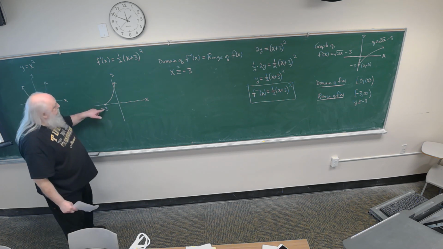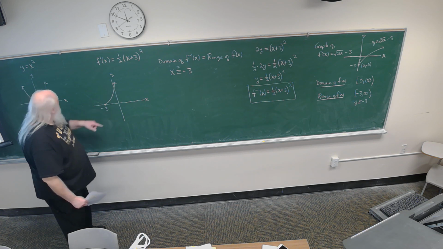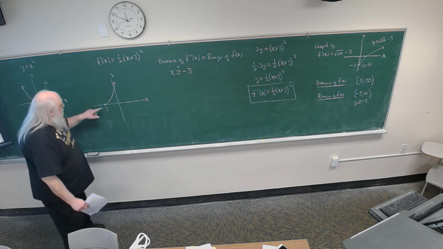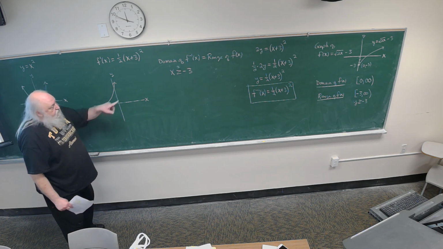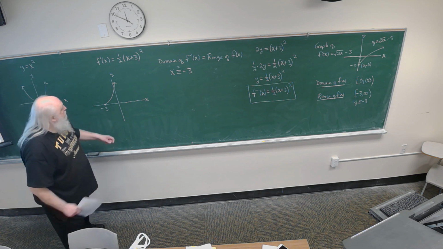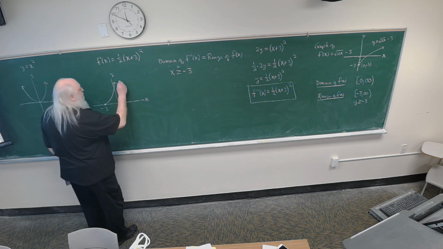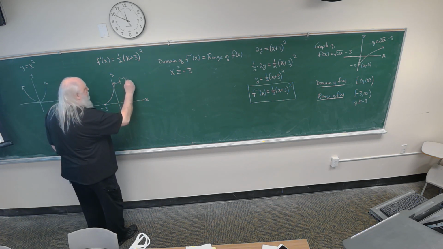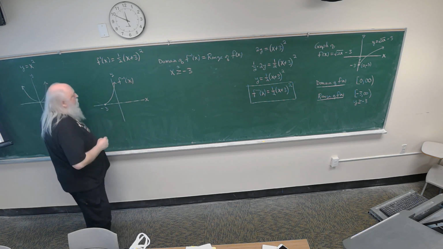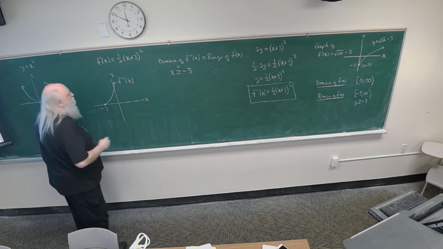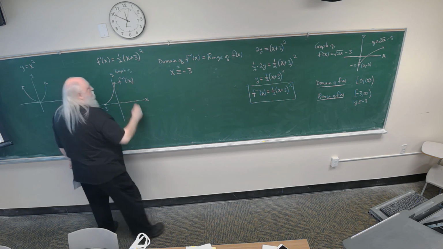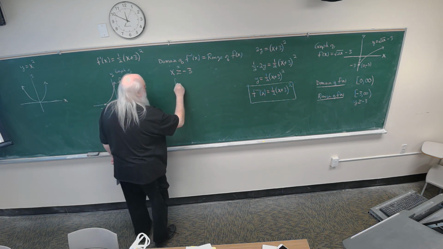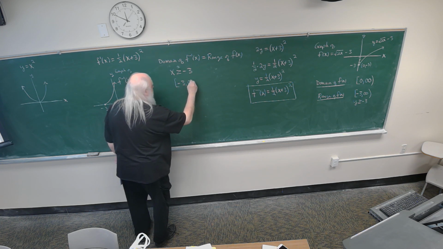This is the graph of our parabola for all real numbers greater than or equal to -3. That's our domain for the inverse function. So this is the graph of f inverse of x. And in interval notation, we have -3 to infinity.